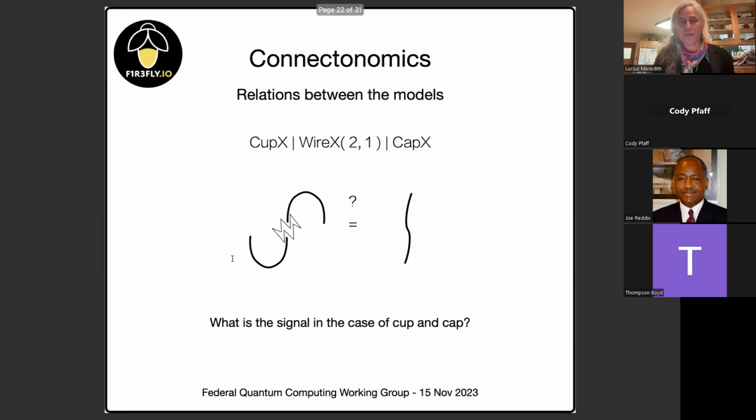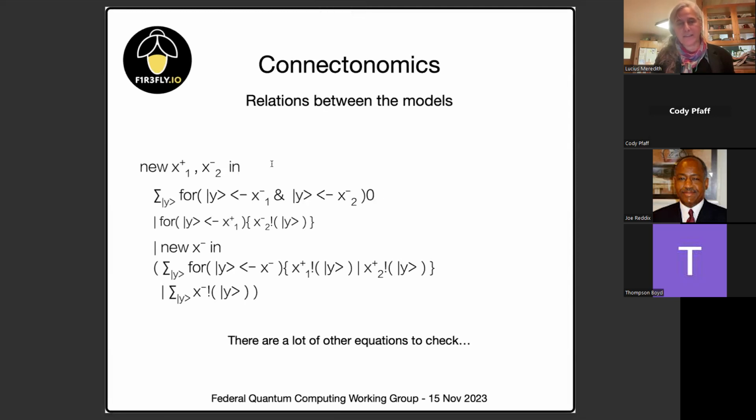And so now there's an equation that we would have to verify, which is that if we wire up a cup and a cap, is it actually a wire? Does it just send signal through? Now, in this particular case, it does, and it's really quite tricky to see it. One way to think about it is, suppose that one of these y's wins. There's some non-determinism here, right? This could ping, because this is available to the outside world.